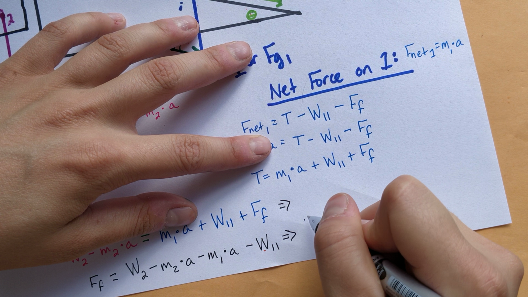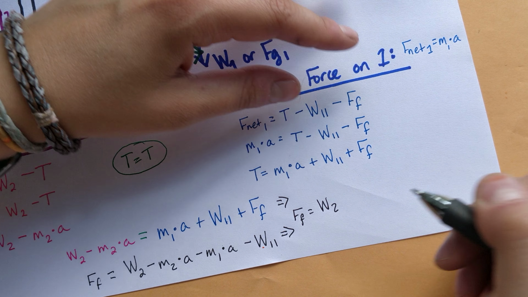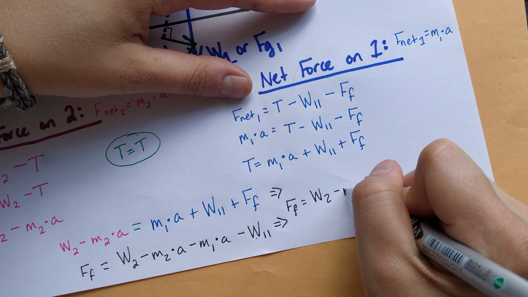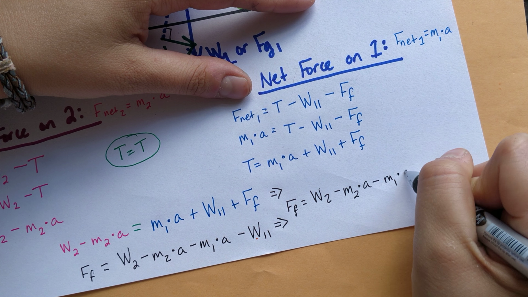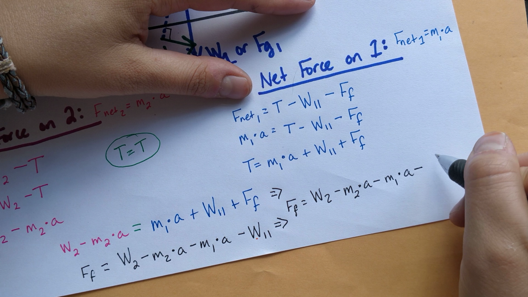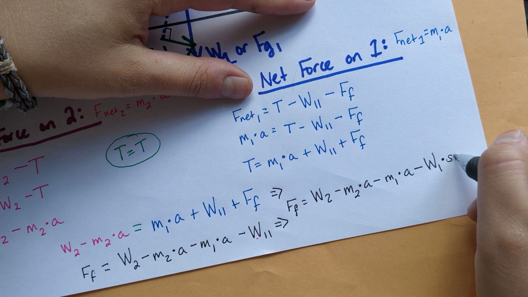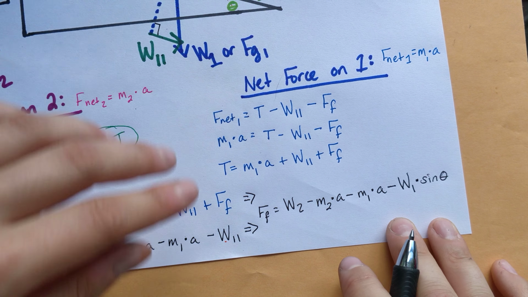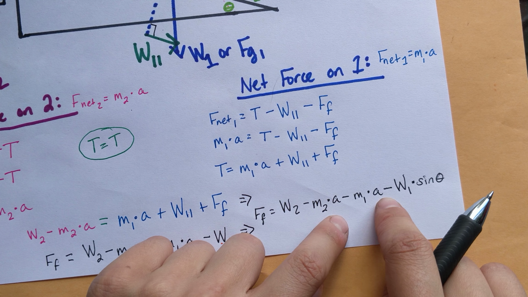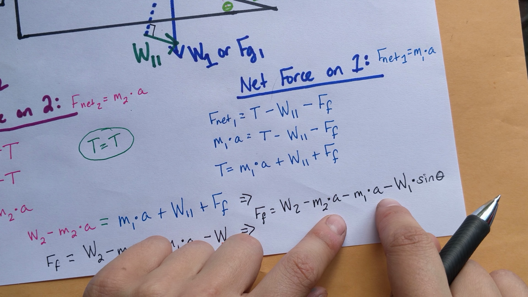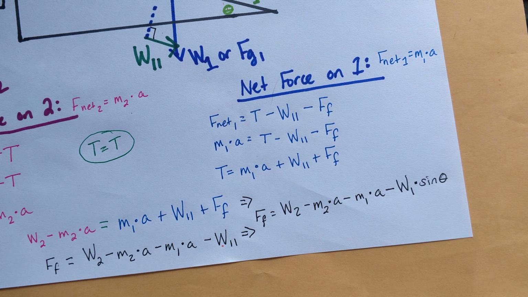So my force of friction equals weight sub 2 minus mass 2 times its acceleration minus mass 1 times its acceleration minus weight 1 times sine theta. Okay, so that's how we're going to solve for it. And once you have your acceleration from tracker, you can plug this in and solve for your force of friction.